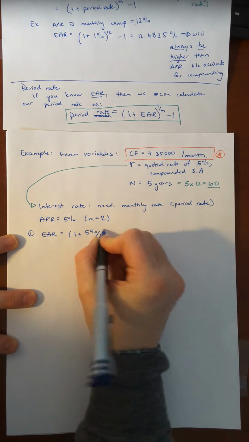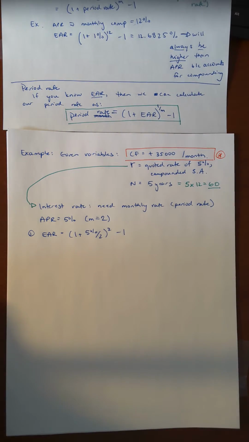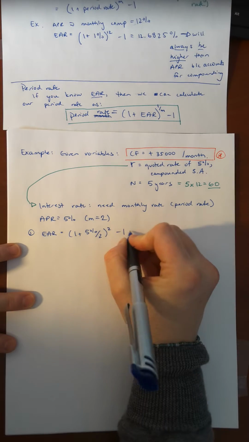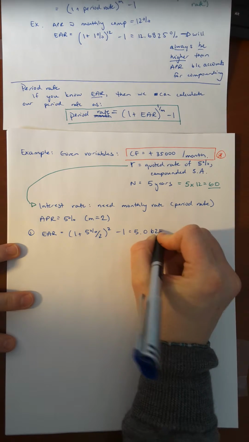So I use my formula for the EAR: 1 plus the APR divided by M, to the power M, minus 1. Running that in my calculator gives me 5.0625%.